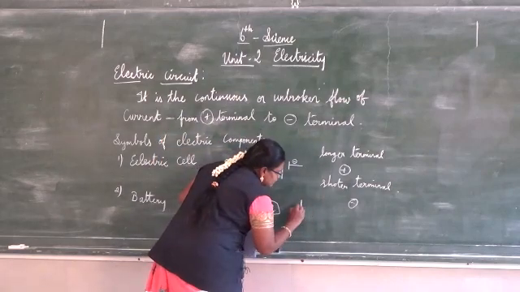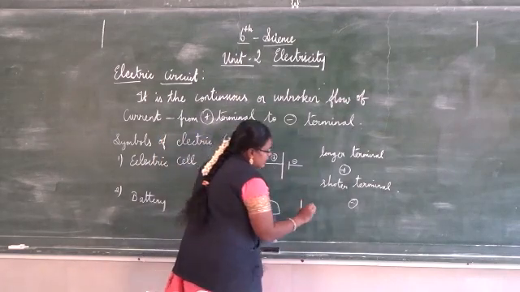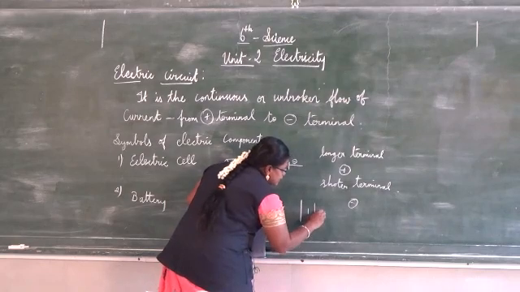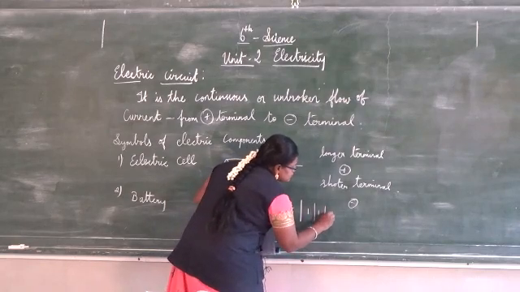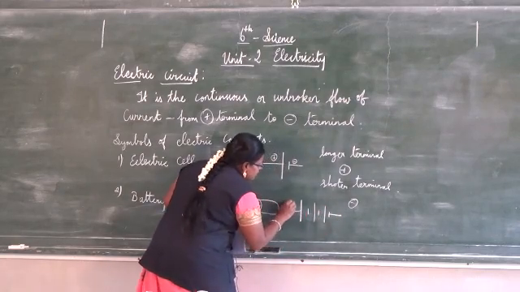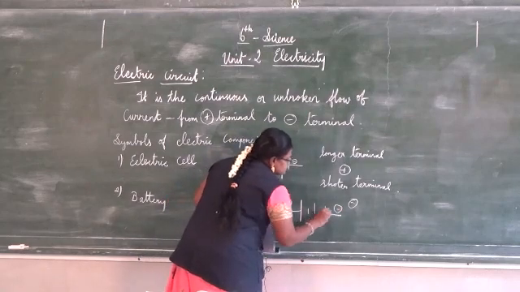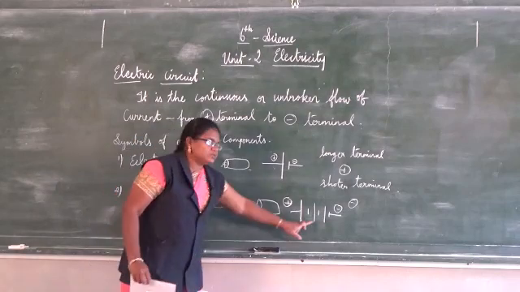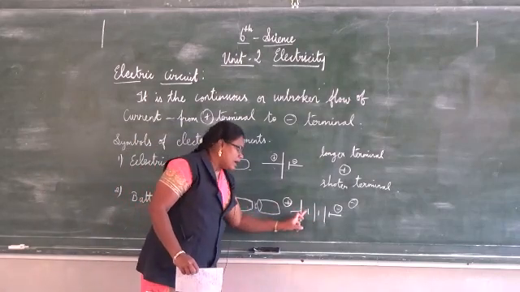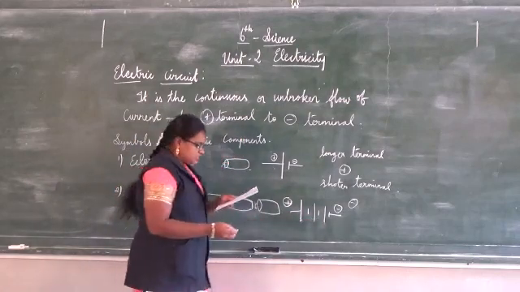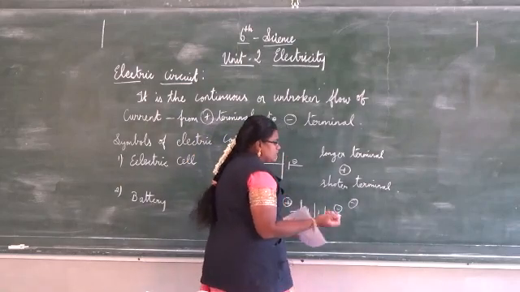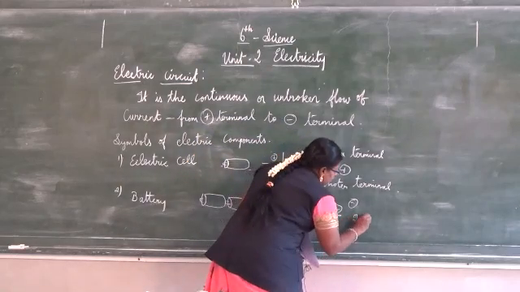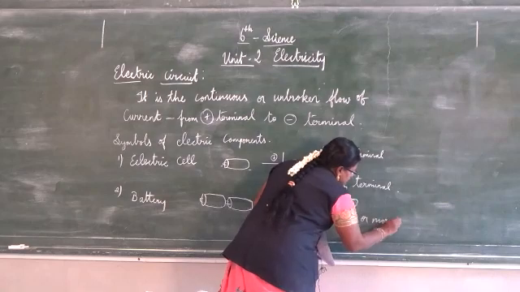Okay, this is 1 cell, then next is 2 cell, then this is 3 cell. This is the battery symbol. This is positive, this is negative. Understand? Here 3 cells are there, so 3 longer strokes and 3 shorter strokes. Understand children? Yes, 2 or more cells connected.